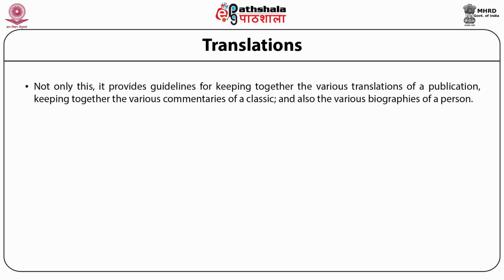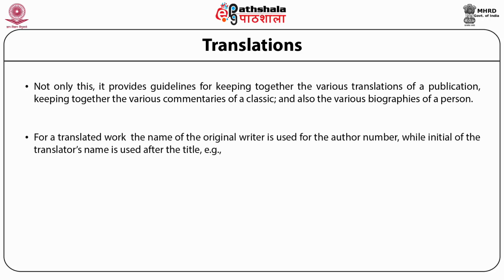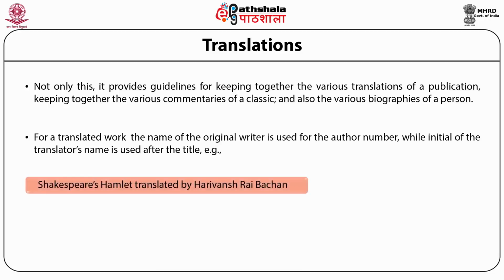Translations. Translations get special book numbers to keep them with the original. It provides guidelines for keeping together the various translations of a publication, the various commentaries of a classic, and also the various biographies of a person. For a translated work, the name of the original work is used for the author number, while the initial of the translator name is given after the title.